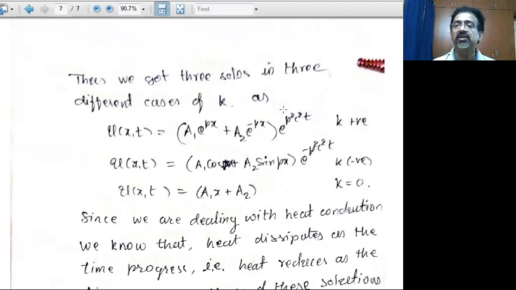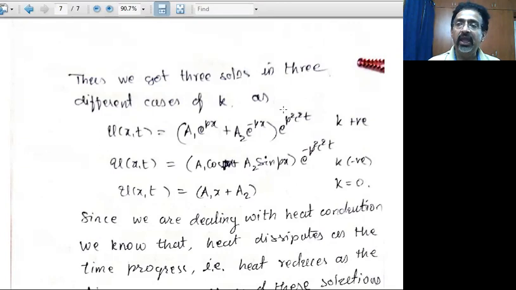So these are the two physical observations. What are those two? One is, as the time increases, the heat decreases. As t increases, u should decrease, because u is the heat function.